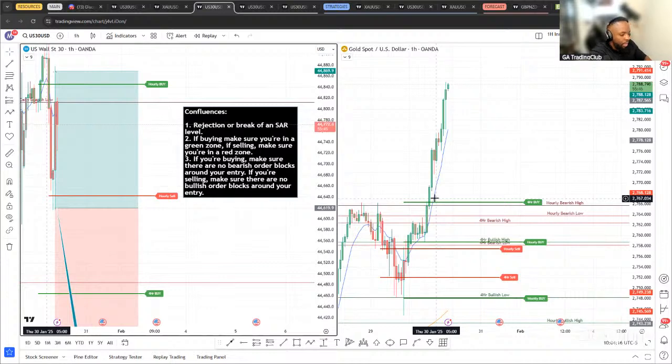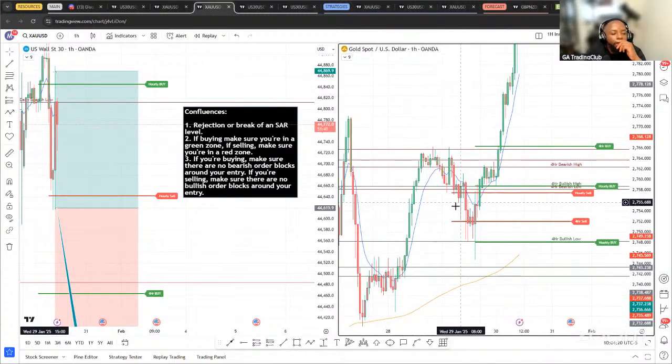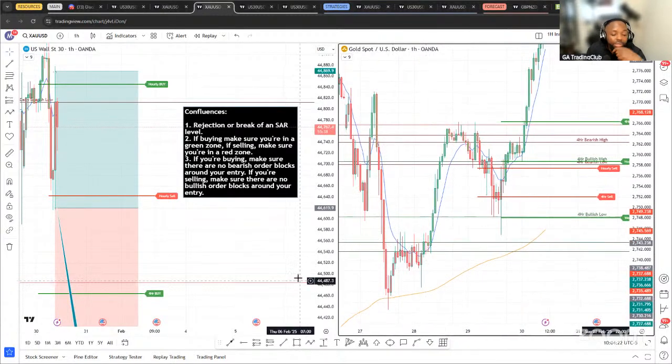Okay, let's analyze. There were some entries for gold yesterday on the SAR rejection and actually also on the trend line entry, on the trend line strategy.